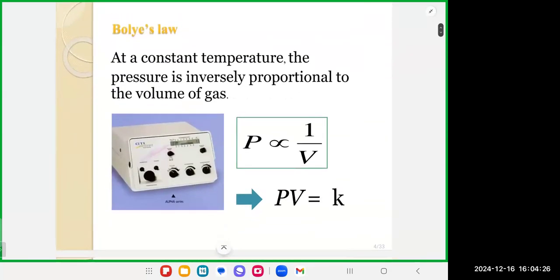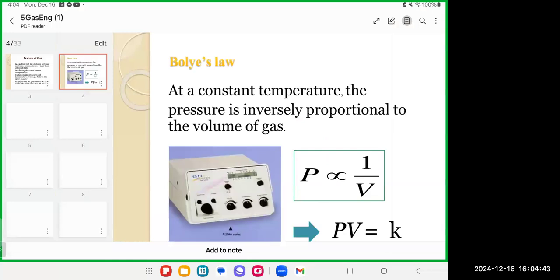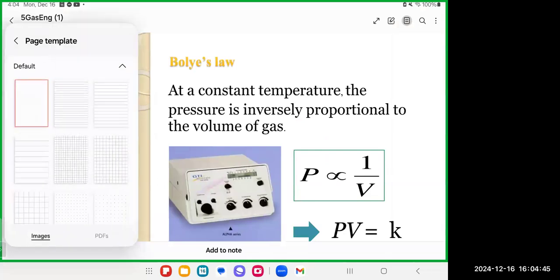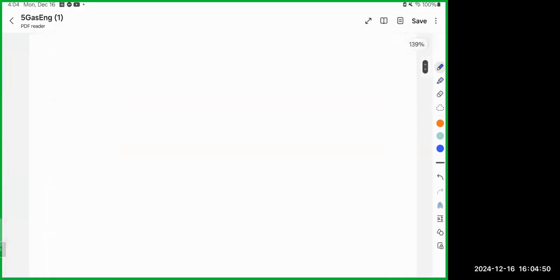So the first law is Boyle's law. Boyle's law states that the pressure of the gas is inversely proportional to the volume of gas. I will give you more explanation about this, to make sure that you get this on the same page.